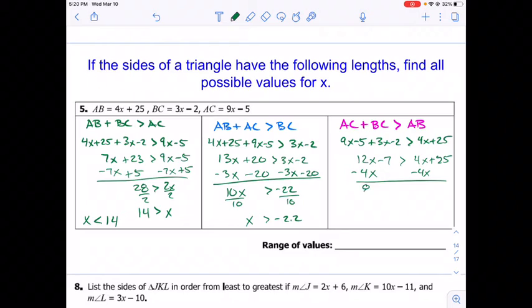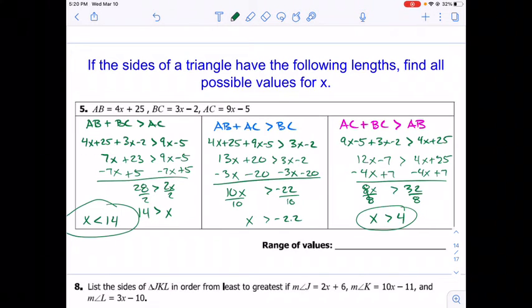Gives me 8x. We're going to add 7. And so 25 and 7 gives me 32. Divide by 8. X is going to be greater than 4. So these two right here would give us possible solutions. So what is our range of values here? Well, they're going to range from 4 greater than x, which is going to be greater than 14.